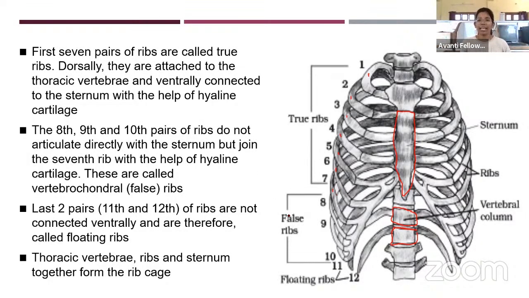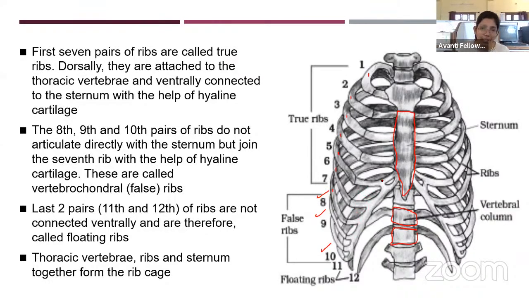Now comes the 8th, 9th, and 10th. These ribs are called false ribs. Why are we calling them false ribs? Because everything originates from the vertebral column, but these 8th, 9th, and 10th ribs attach to the 7th rib.